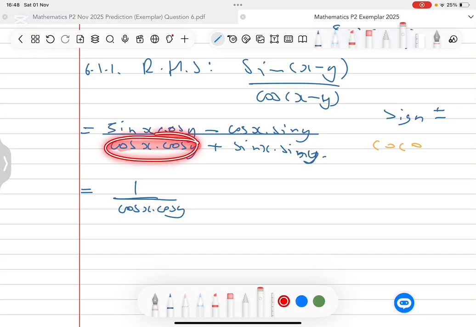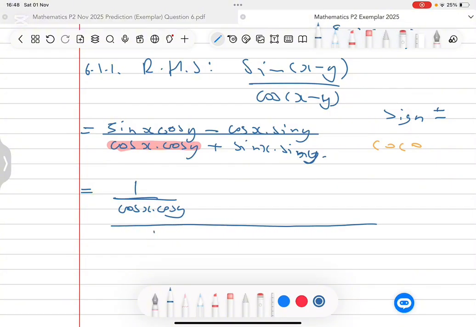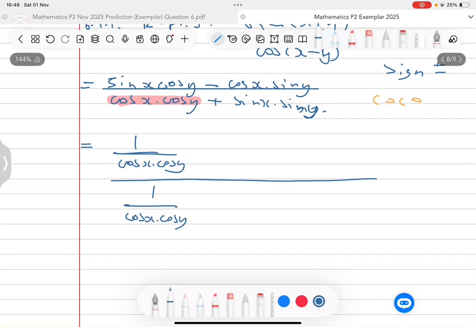I'm taking this, putting it in the denominator and putting a 1 here. And I also divide here by the same number, the cos of x, cos of y. Then here I still have my original expression.